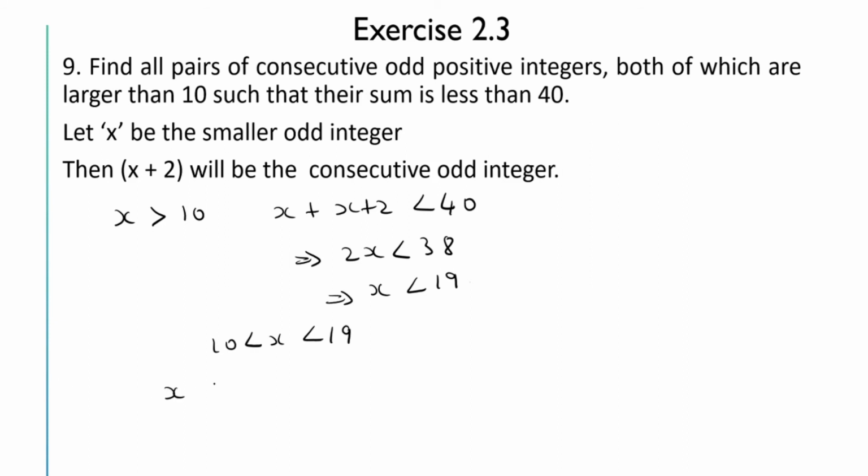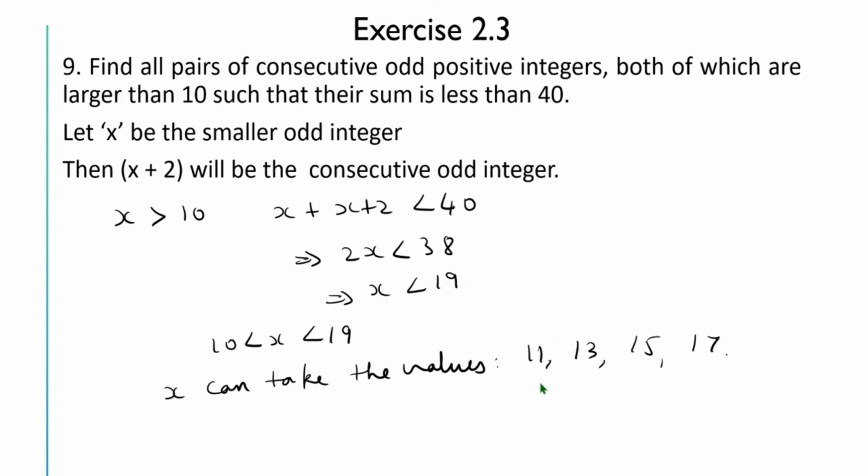So x can take values 11, 13, 15 and 17. So it is given, we have to find all pairs of consecutive odd positive integers.